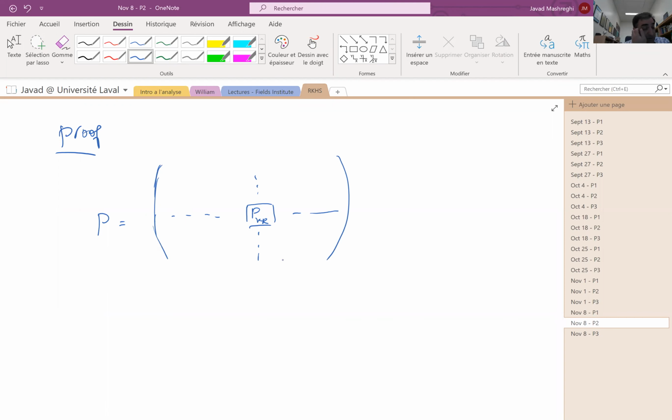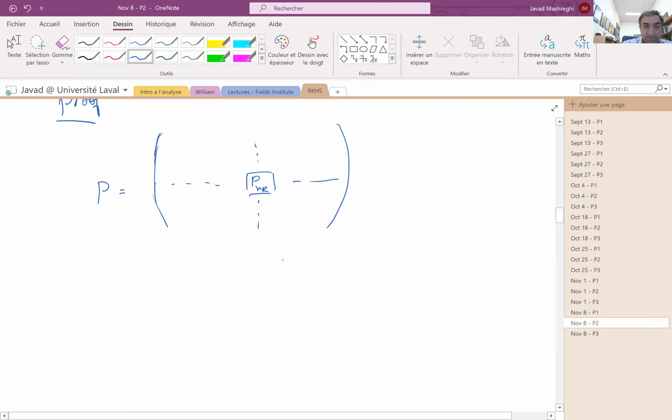And now try to multiply by a matrix, call this matrix S1, such that if you do PS1, then the element here is 0. Kind of linear operation.